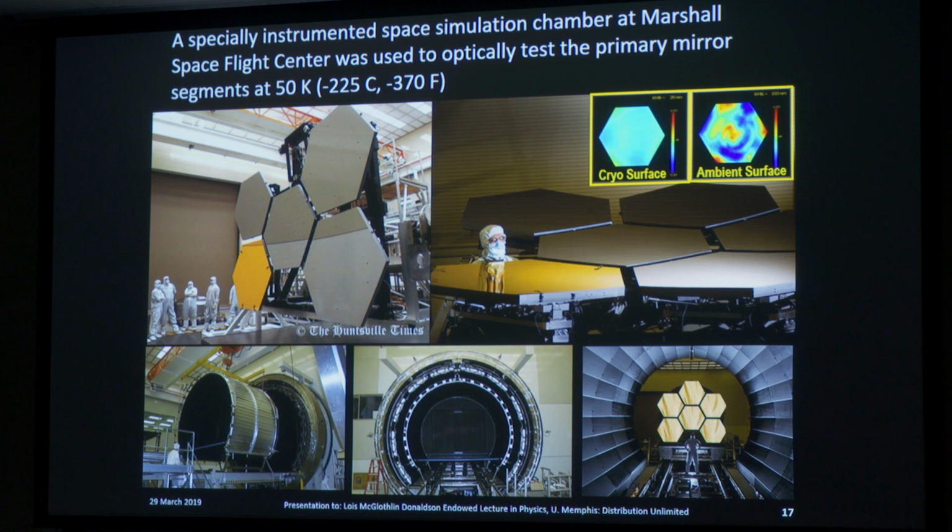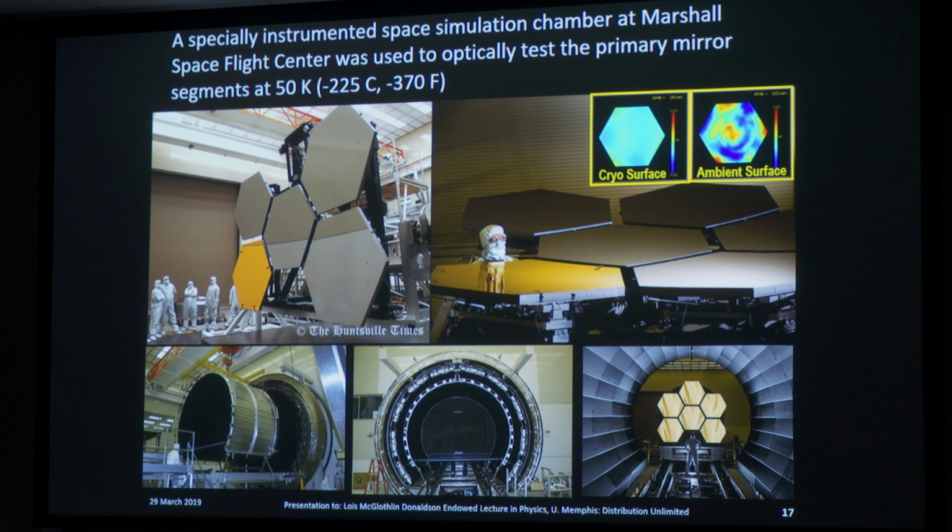And so we've had to follow an iterative process where we polish the mirrors part way and then put them in a specially instrumented space simulation chamber at Marshall Space Flight Center that allows us to cool them down to the operating temperature, observe them with special optics test equipment to see how our polishing is tracking to our model.